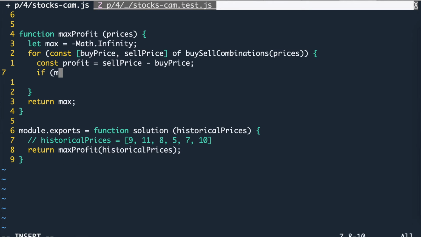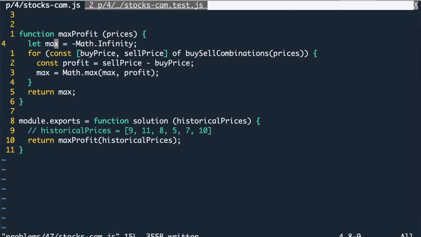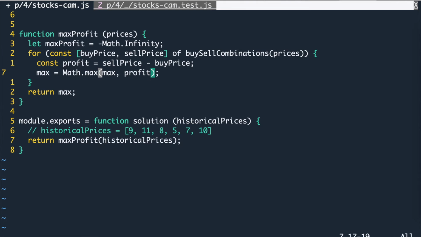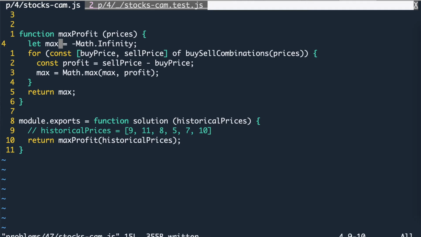And actually, what we can do is say max equals Math.max of our current max or our profit. Let's just call it max. Great. So that's the brute force solution.